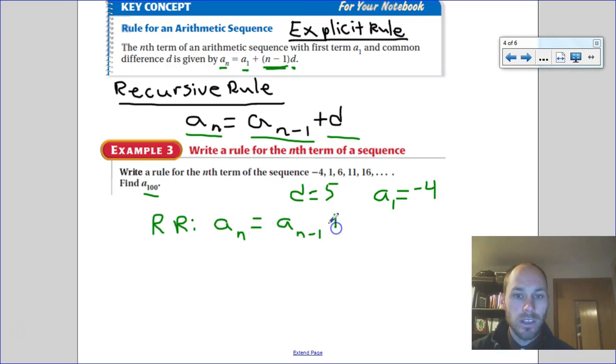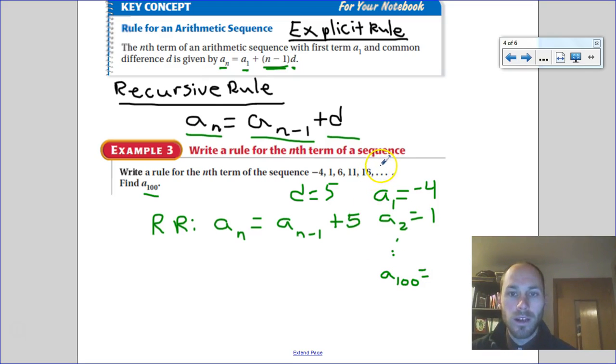So I take the previous term and add 5. First term is -4, I add 5. Second term, -4 plus 5 is 1. I could keep going down the line until I get the 100th term, but like I mentioned, that's going to take a long time. This rule works nicely if I just want to find the next 2 terms in the sequence. Well, 21, 26, because I just add 5 to the previous term.